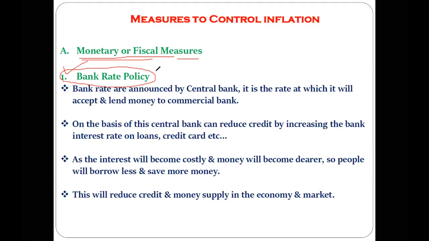So the first monetary measure is the bank rate policy. Bank rates are announced by the central bank, in our country the RBI, and then RBI tells it to the different banks, public and private. It is the rate at which it will accept and lend the money to the commercial banks.